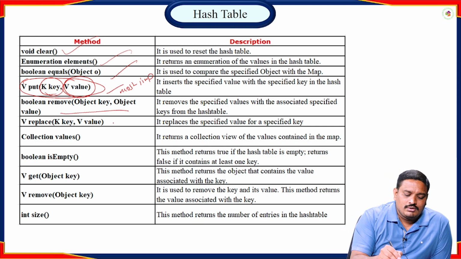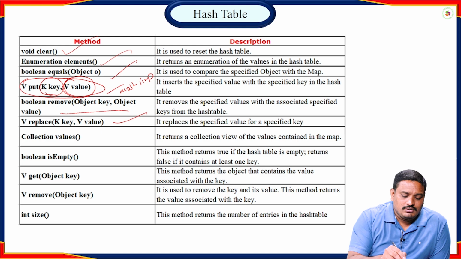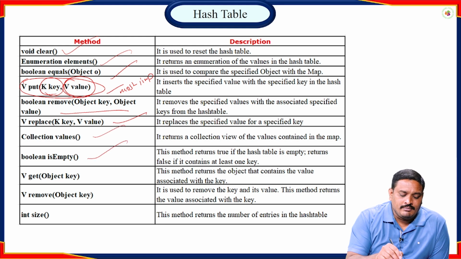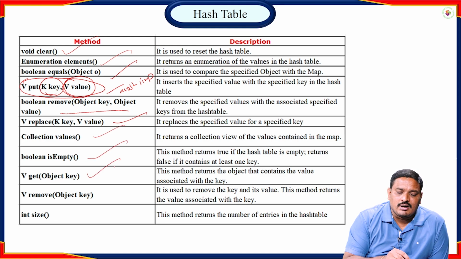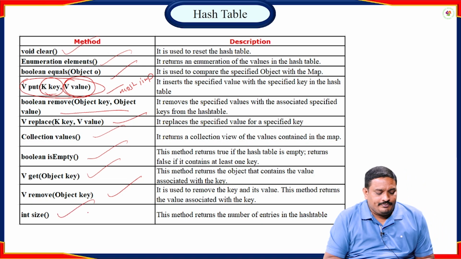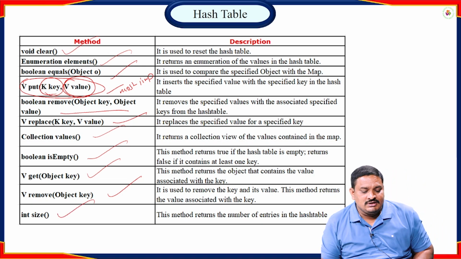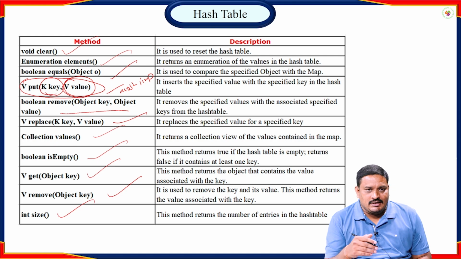Also boolean remove, replace with key and value, collection values, isEmpty, V get of object key, remove of object key, and size of the hash table. These are all the methods under the hash table.